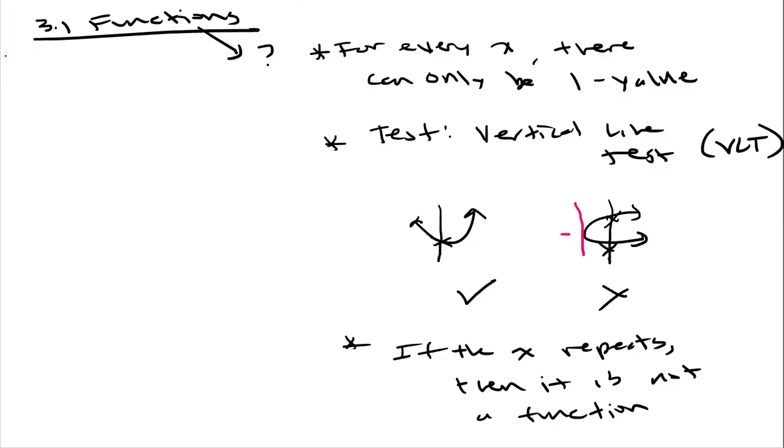Let's say that this point right here is 3, 2, and then this point down here is 3, -2. So notice that this is our x value, that's our x value, and the x value repeats. That's what it's saying. If the x value repeats, then it's not a function.